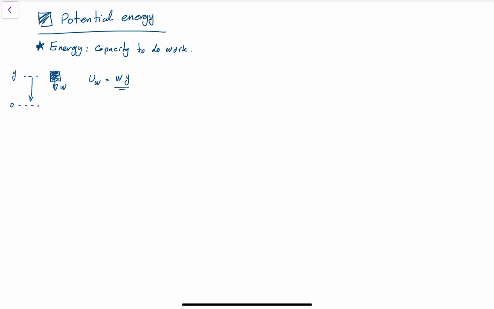So that means this amount is some kind of energy that exists just because we are above the ground. And this is the kind of energy we refer to when we say potential energy.